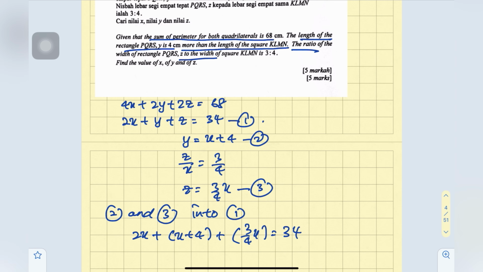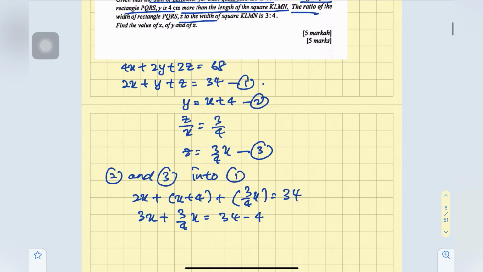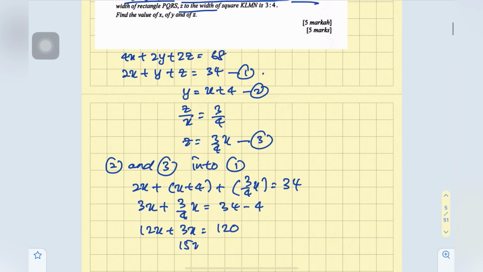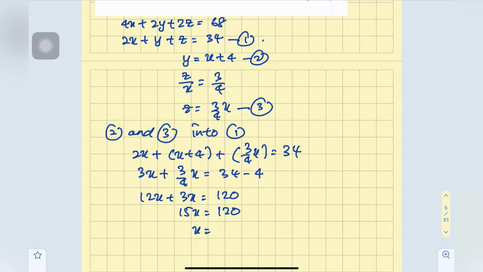So straight away we have only one unknown, and the rest we just simplify. This gives 3x plus 3 over 4 x equals 34 minus 4. So we simplify: 12x plus 3x equals 30 times 4, which is 120. So 15x equals 120, and x equals 120 over 15, which equals 8.